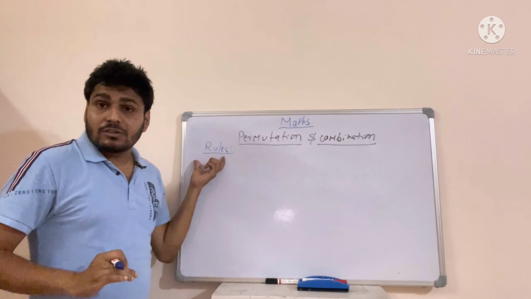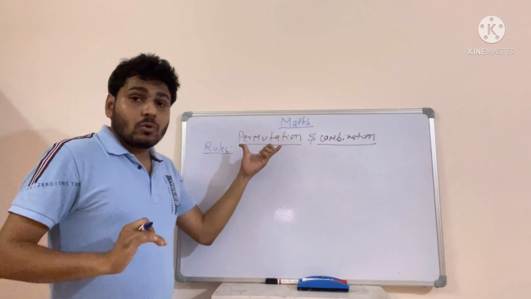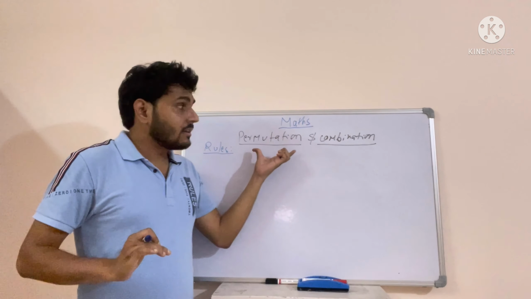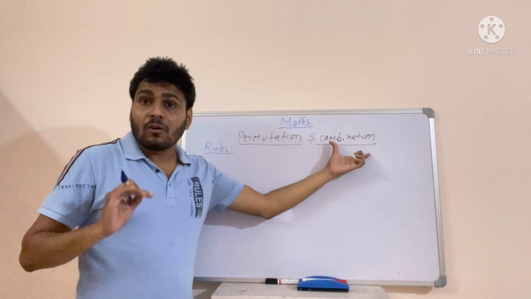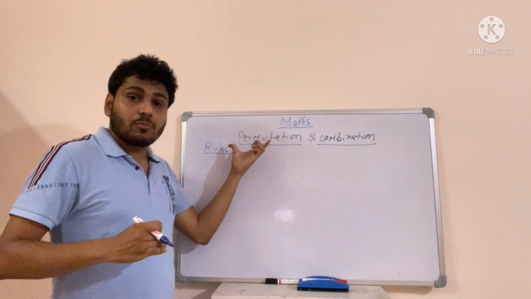So now I will teach you very important rules for permutation and combination. The important rule is how to convert a permutation into combination and how to convert a combination into permutation.